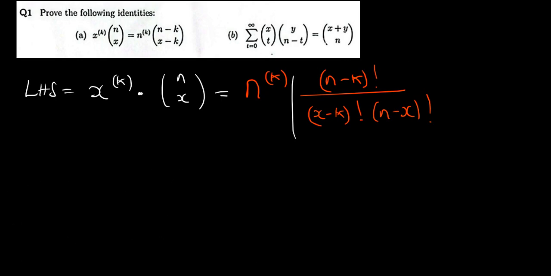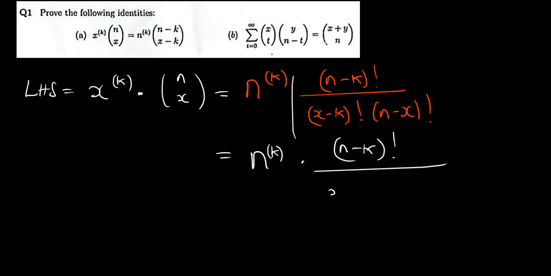So we are going to say on top there, I have n k falling multiplied by n minus k factorial, and then down I have x minus k factorial. So it turns out that this part here is just a difference between n minus k and x minus k.